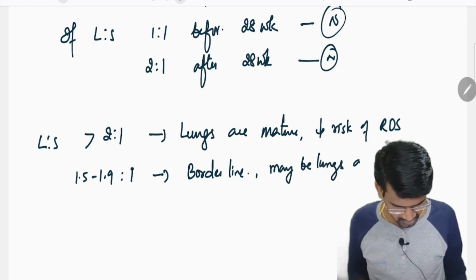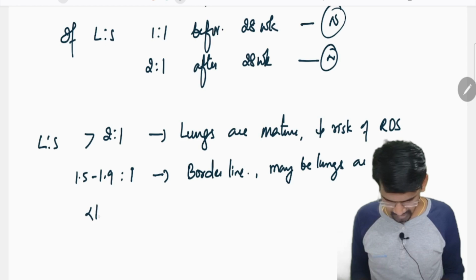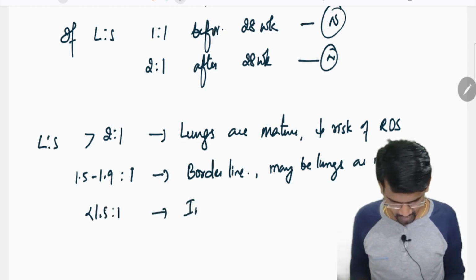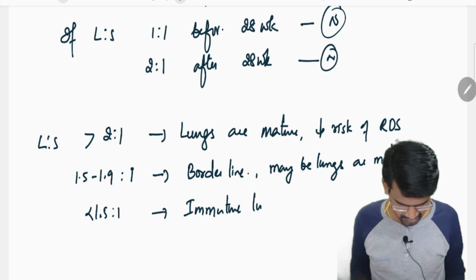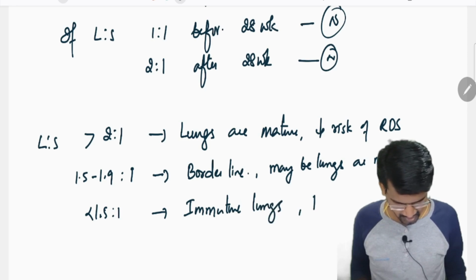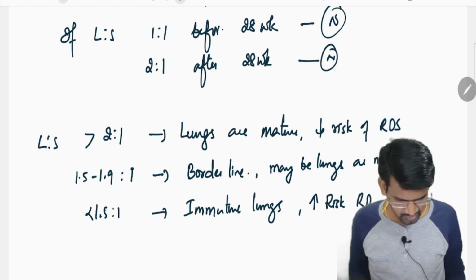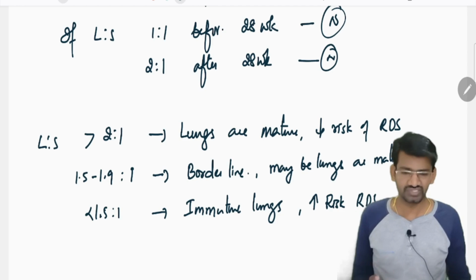If it is less than 1.5 to 1, then the lungs are considered immature, with a high risk of RDS. This is how we interpret the LS ratio.